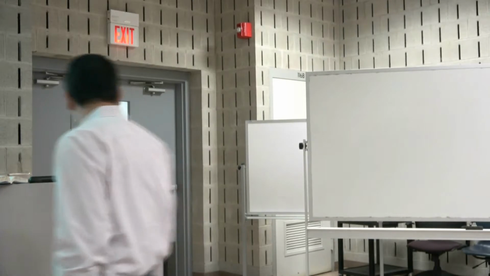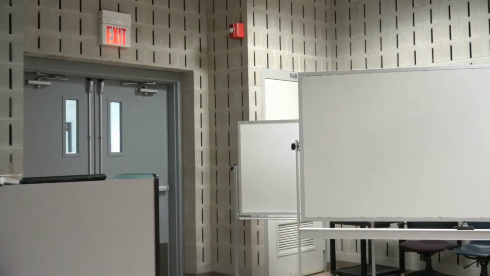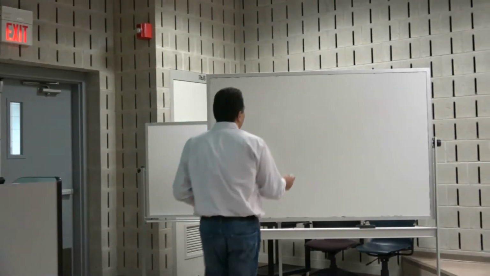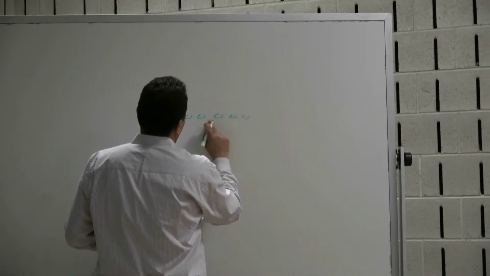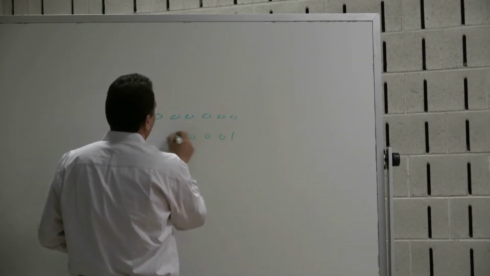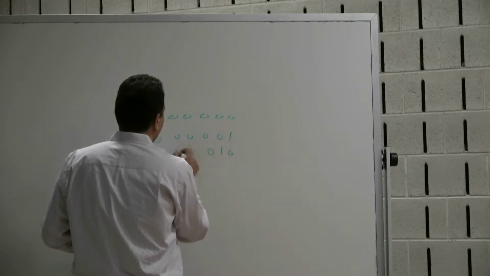So how many options do we have with 6 bits? 2 to the power 6, which gives you 64, right? 64 different options for messages if I have 6 bits. 0, 0, 0, 0, 0, 0, then 1, 0, 0, 0, 0, 0, then 1, 0, 0, 0, 0, 0.